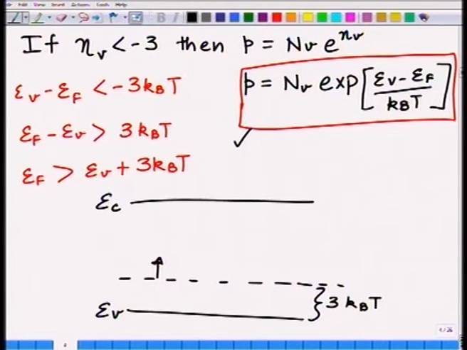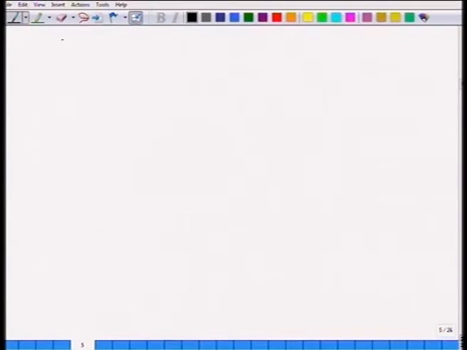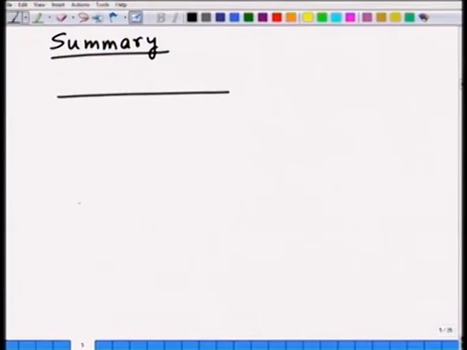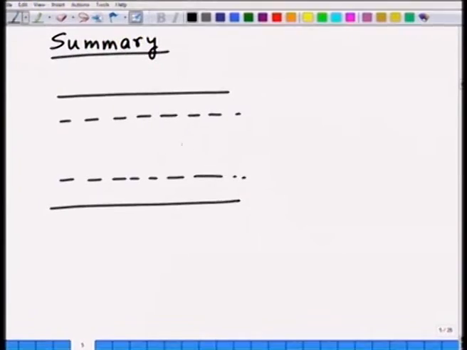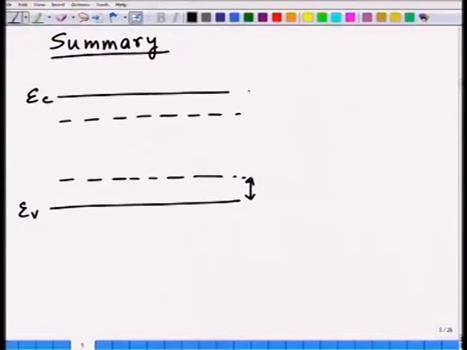If so, then this formula can be used, which means that overall, if I summarize, I will write the summary of this whole thing like this. This is 3 kBT and this is also 3 kBT.